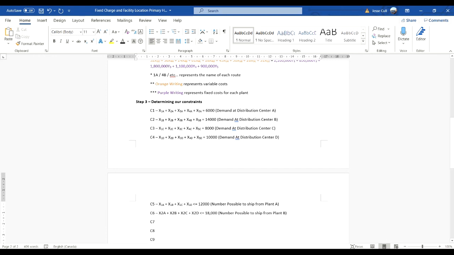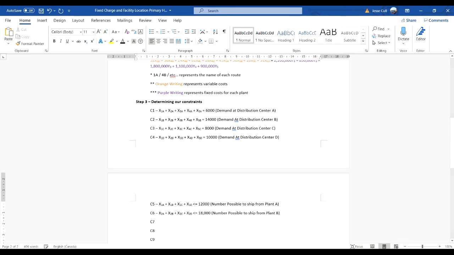So we have X2A, which is the shipments from plant 2 to distribution center A, plus X2B, the shipments from plant 2 to distribution center B, X2C, the shipments from plant 2 to distribution center C, and X2D, the shipments from plant 2 to distribution center D, must be less than or equal to 18,000.